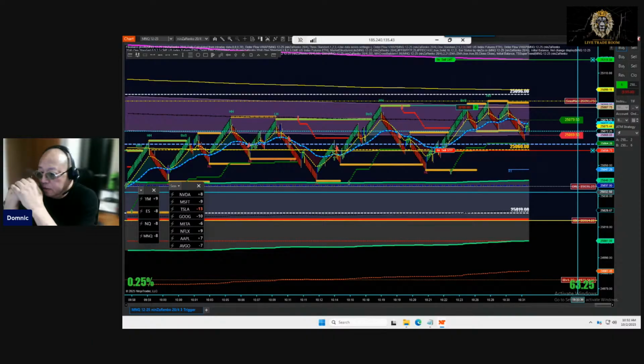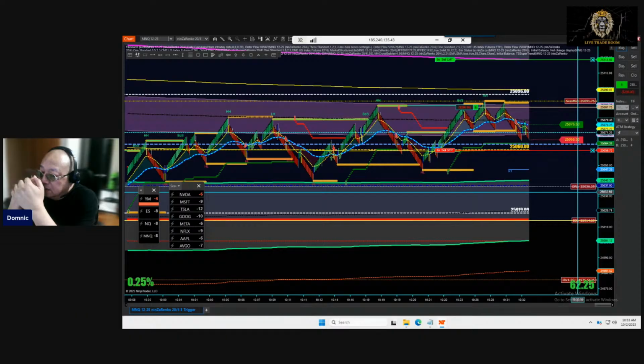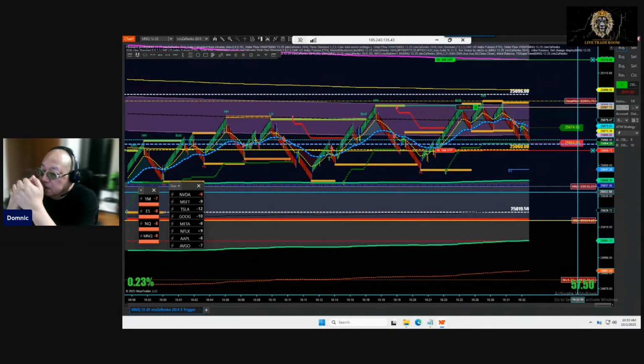So where's our high? It's still way up there, like in the mid of this IB. It creates a reversal bar to the downside. It may continue going down. Yep.